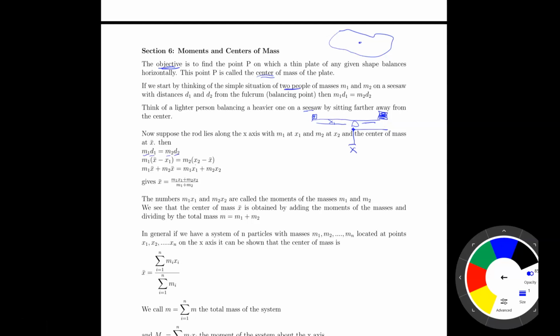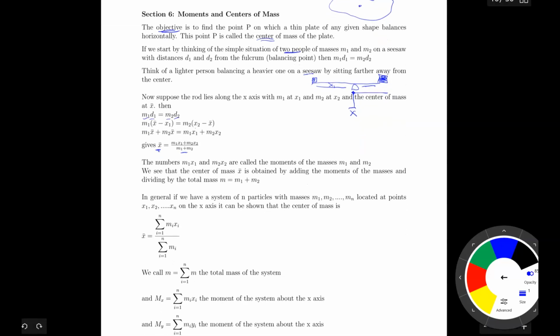Then multiplying and solving for x bar, it turns out to be mass 1 times x1 plus mass 2 times x2, divided by the total sum of the masses.